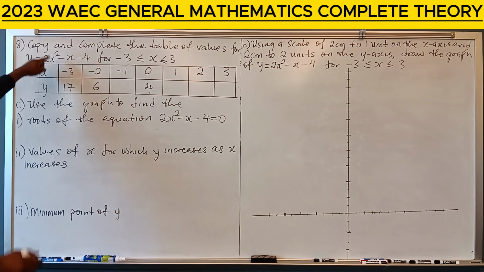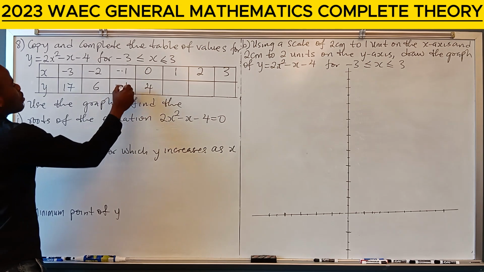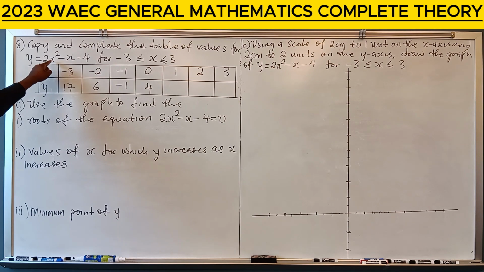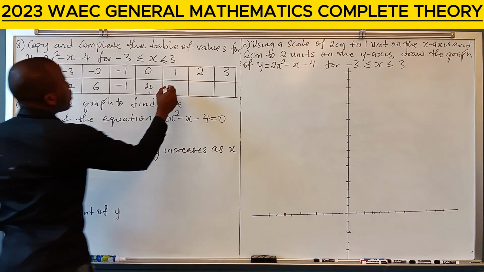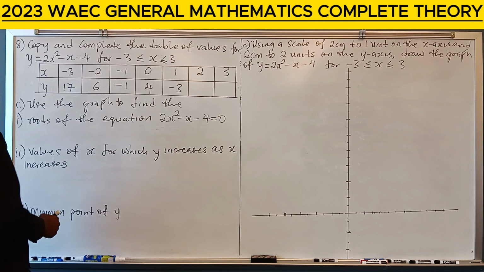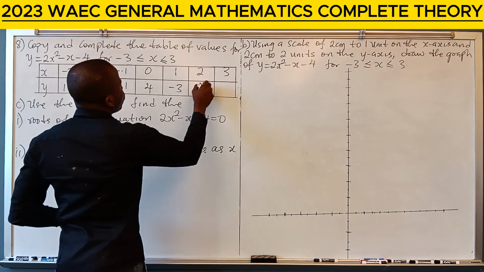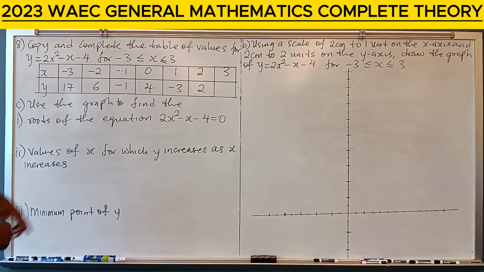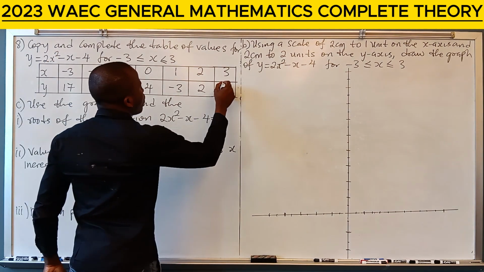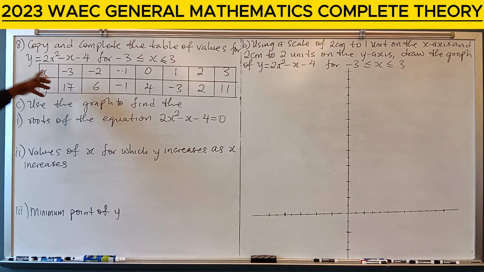Minus 1: squared is 1, times 2 is 2, plus 1 is 3, 3 minus 4 is minus 1. 1: squared is 1, times 2 is 2, 2 minus 1 is 1, 1 minus 4 is minus 3. 2: squared is 4, 4 times 2 is 8, 8 minus 2 is 6, 6 minus 4 is 2, and 3 squared is 9, 9 times 2 is 18, 18 minus 3 is 15, 15 minus 4 is 11. That is all for this.